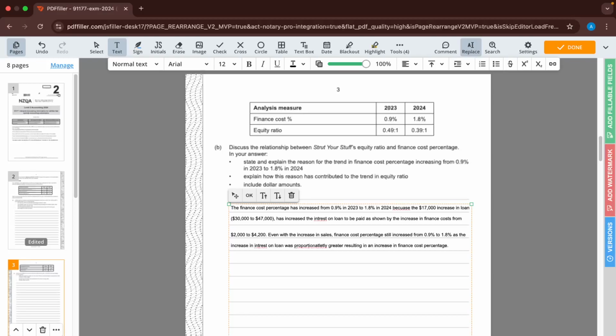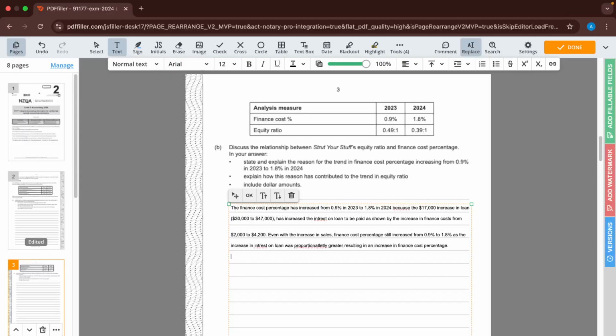So an equity ratio of 0.49 means that there's 49 cents of assets for every $1 of liabilities. And in 2024, that means there is 39 cents for every $1 of liabilities.